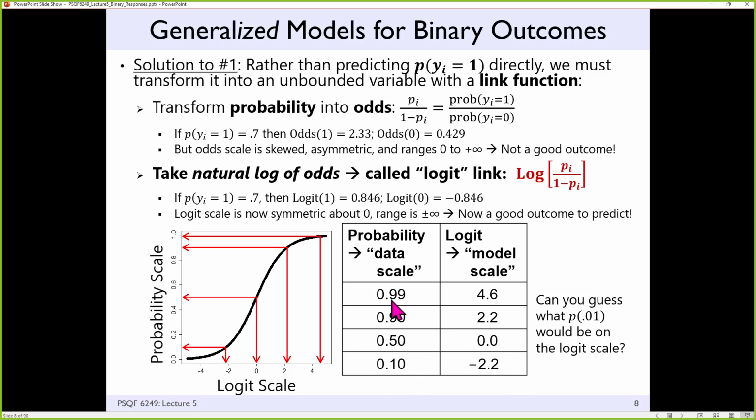So if it's a probability of 0.99, it's a logit of 4.6, and can you guess what the corresponding logit would be for 0.01? Say it with me? Yeah, negative 4.6 is beautiful. So I don't know what a logit is exactly, but I do know that it's telling me the same thing regardless of how I phrase it.